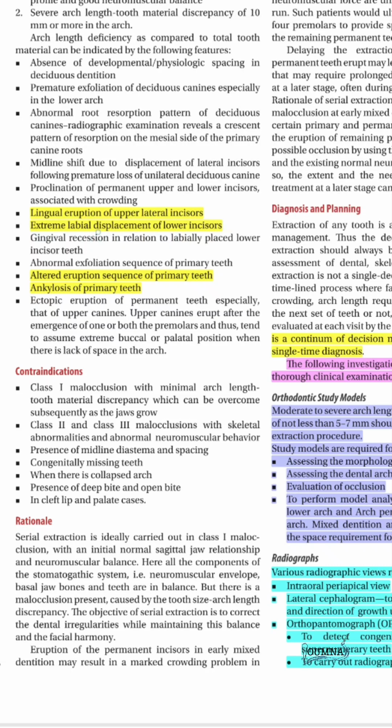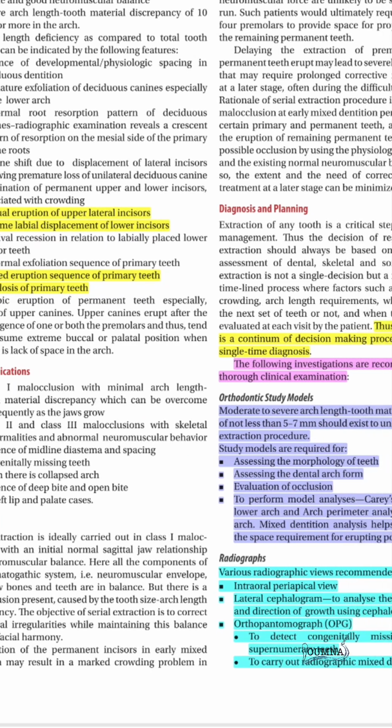Also, if we have lingual eruption of upper lateral incisors, we do the extraction. If there is extreme labial displacement of the lower incisors, if there is altered eruption sequence of primary teeth, or any ankylosis of primary teeth.